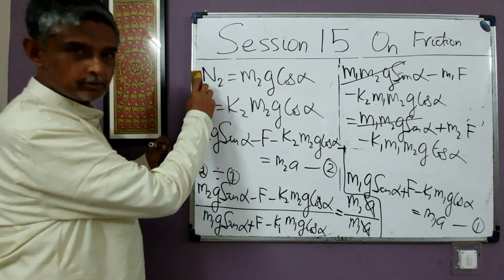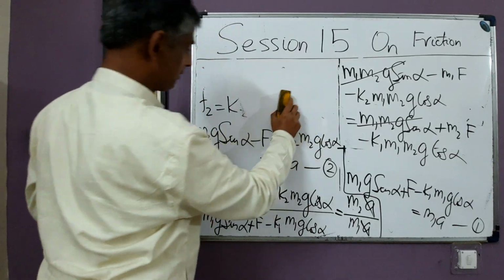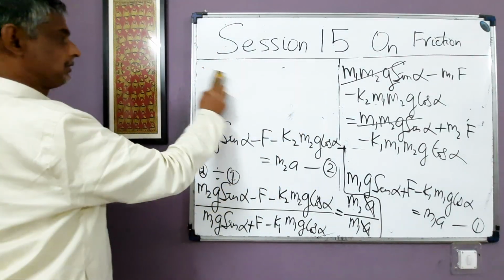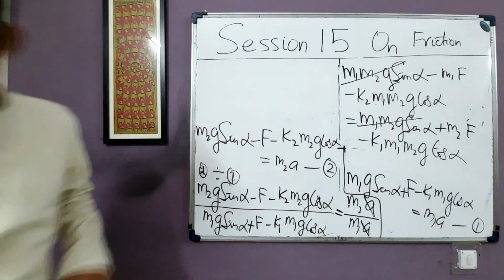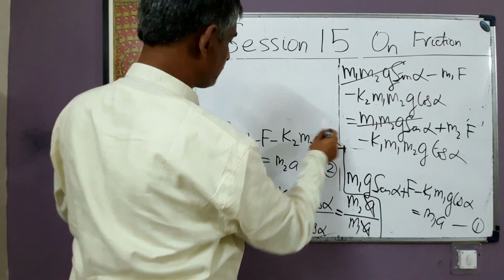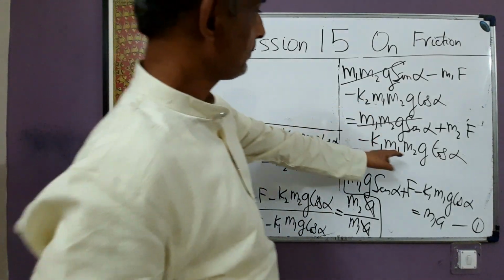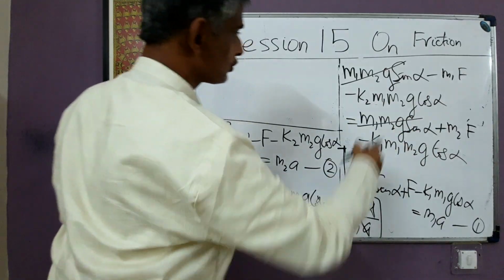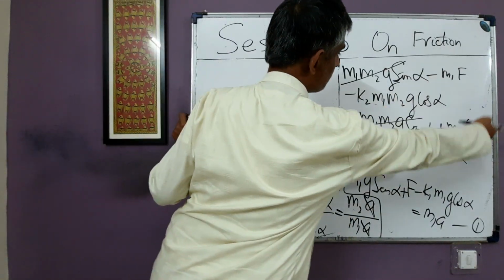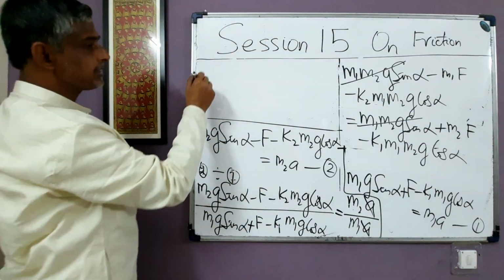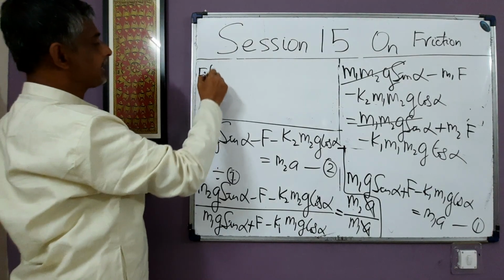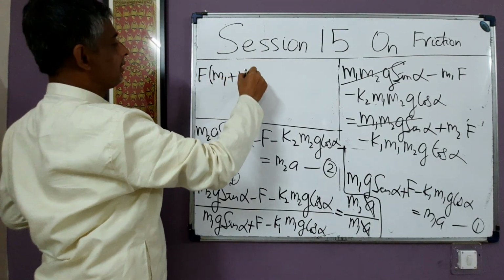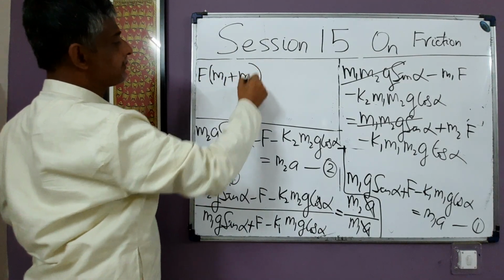Now I solve this equation for f here. I bring f to this side and the remaining terms to that side. So what do I get? I bring f on one same side, so it becomes f bracket m1 plus m2.